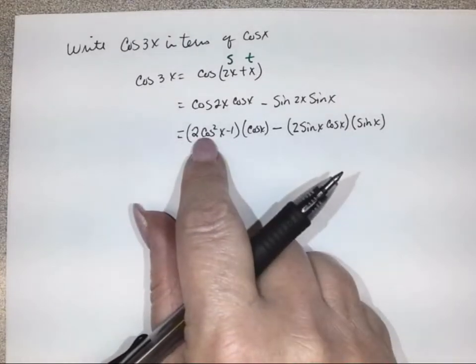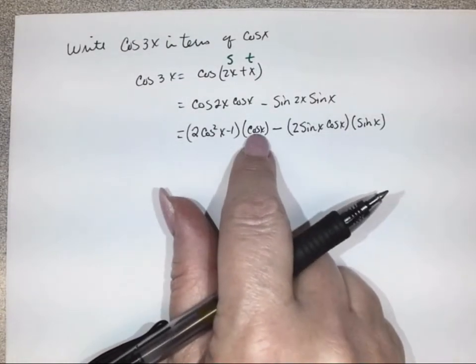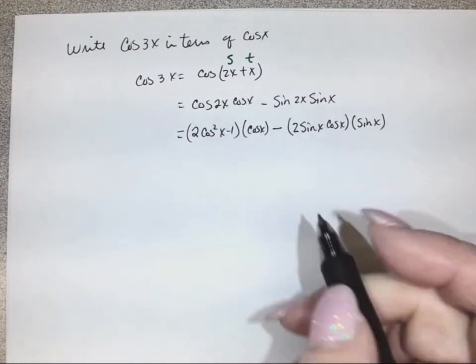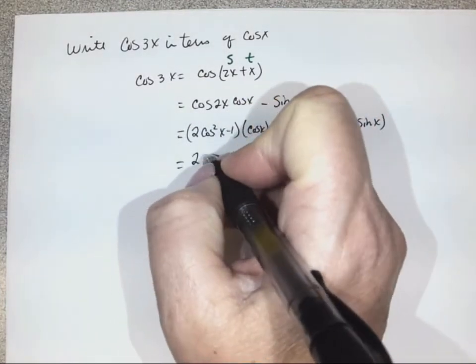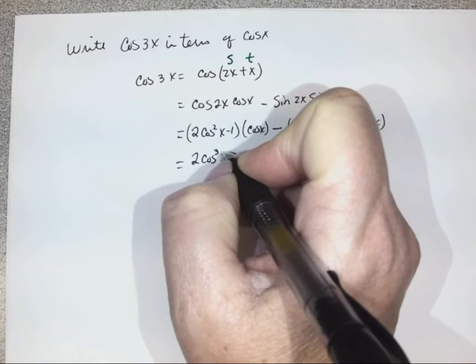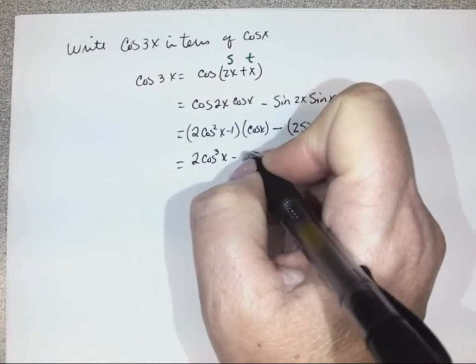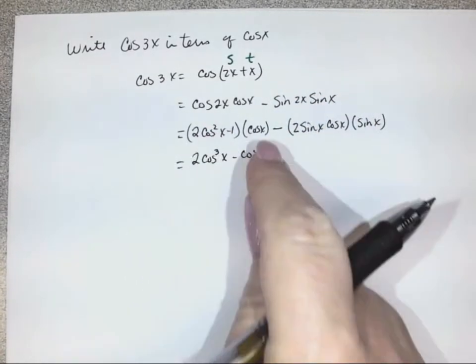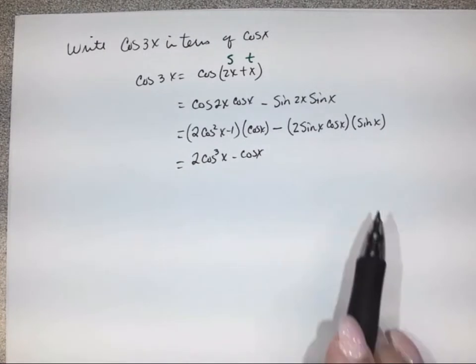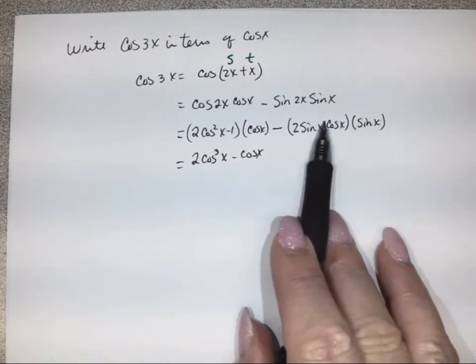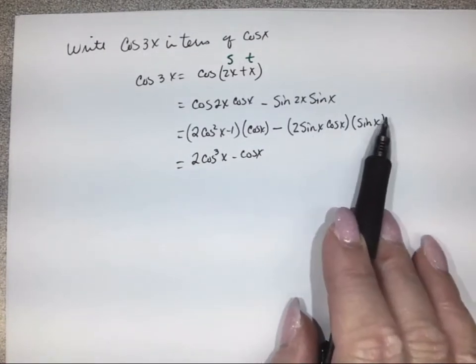So now let's distribute. We're going to go ahead and multiply our cosine times both of those. So we have 2 times the cosine cubed x minus cosine x. So that's just distribution. We're going to do the same thing here. It's not really distribution here, it's just multiplying.